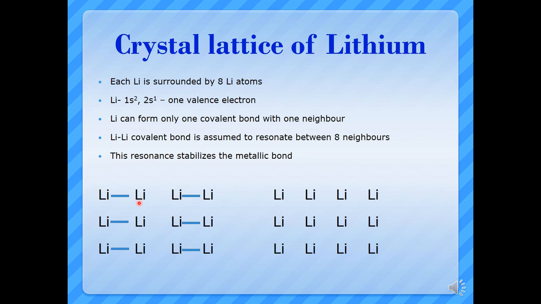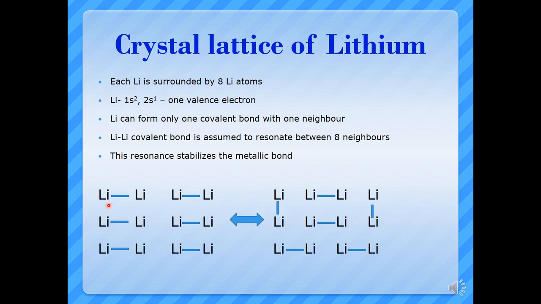But according to this valence bond model, the lithium-lithium covalent bond is assumed to resonate between all the 8 nearest neighboring atoms, and also to some extent to the 6 next to nearest neighbors. So we can show the resonance like this.